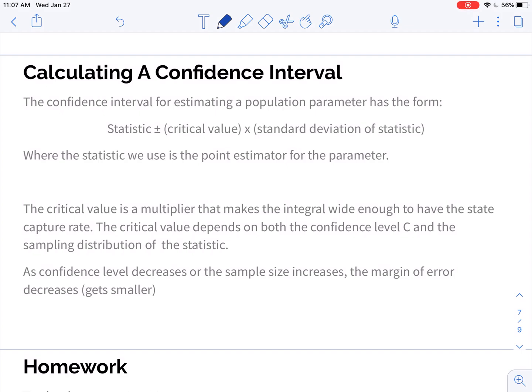Let's say that I'm a financial advisor, and somebody's asking about an investment I'm giving them. I can say with 95% confidence, you're going to make somewhere between $100,000 and $3 million off this investment.